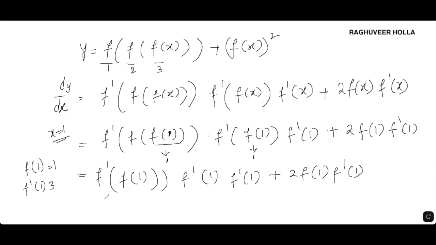Now let us substitute everything which we have. So f dash of f of 1 is 1, f dash of 1, and this is f dash of 1, and 2 into f of 1 and f dash of 1.